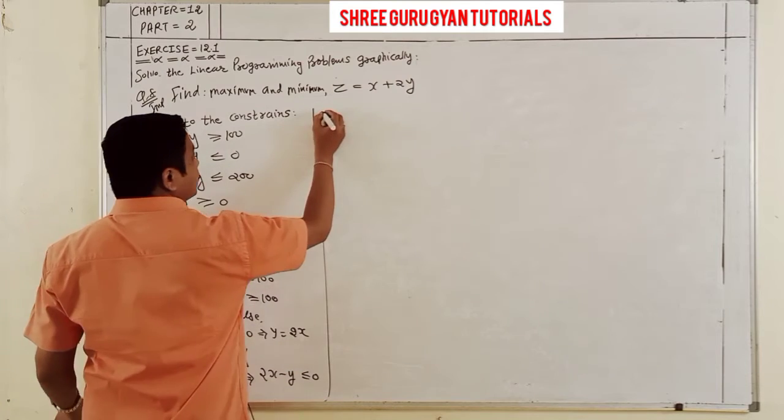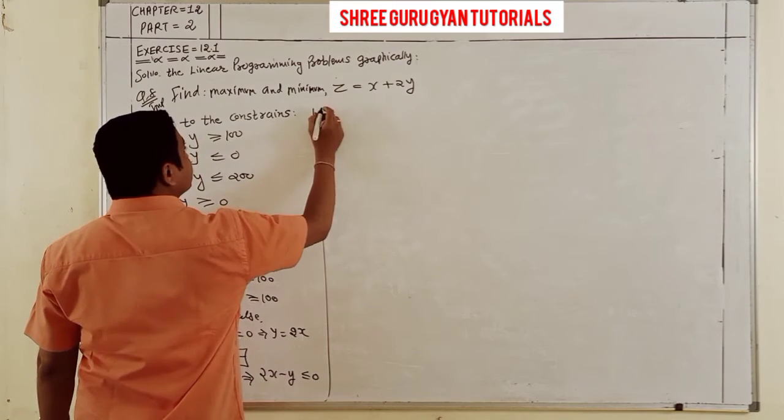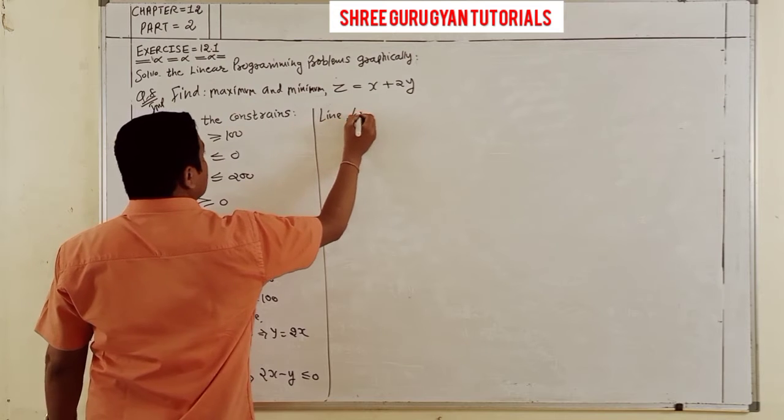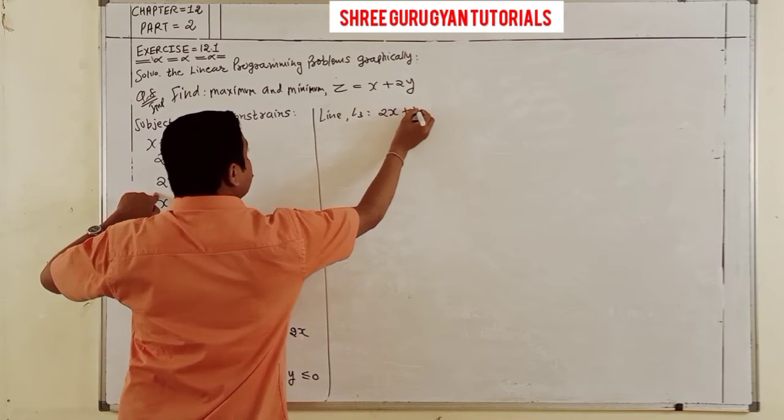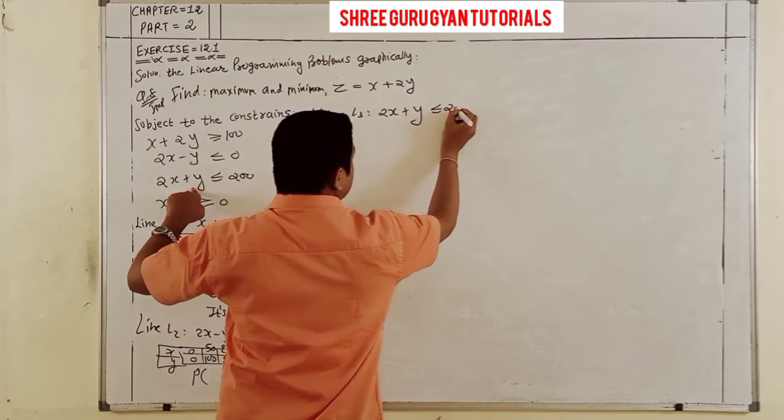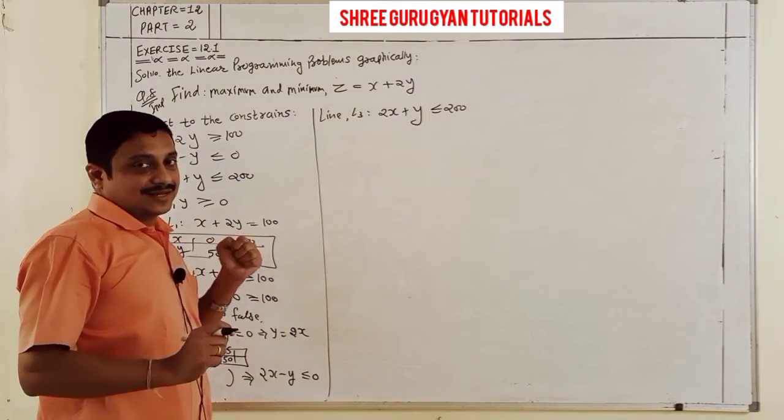Now third, line L3 is 2x plus y less than or equal to 200.